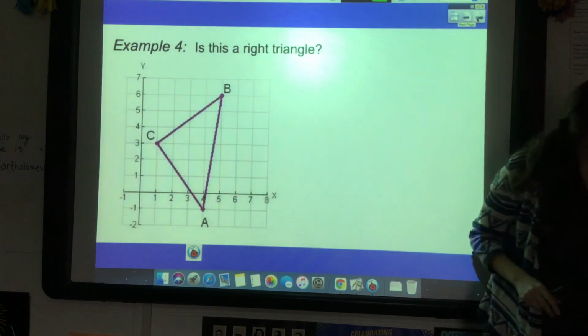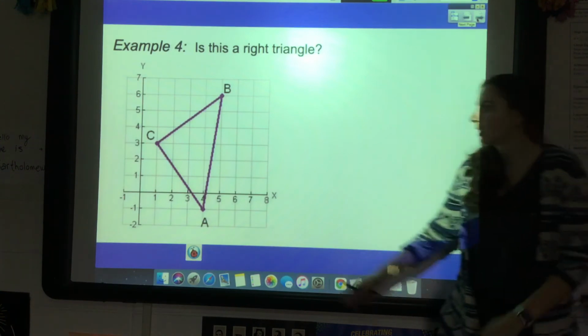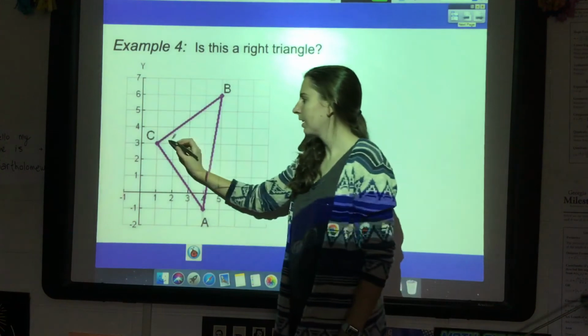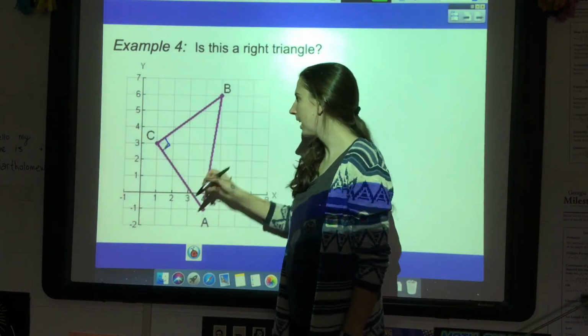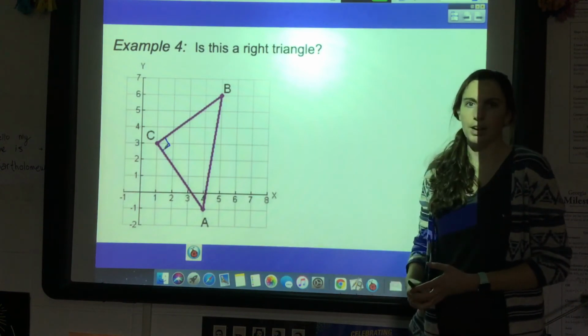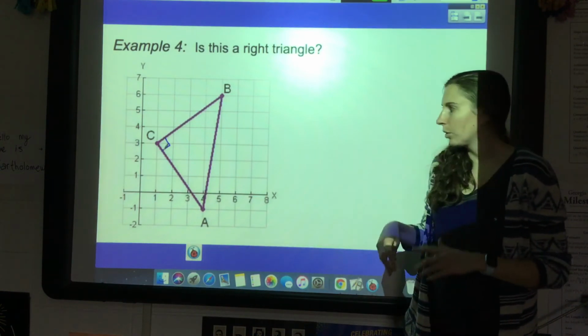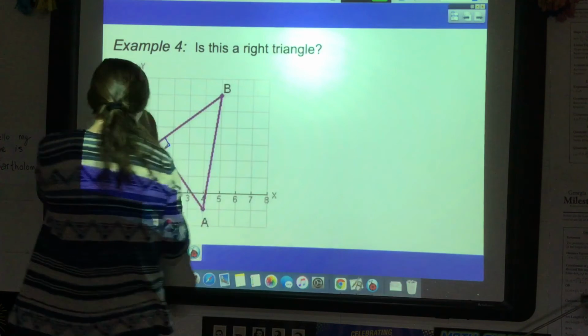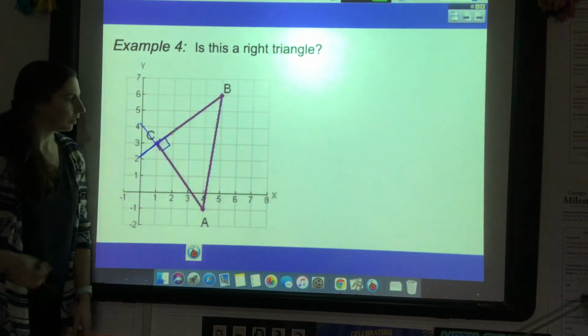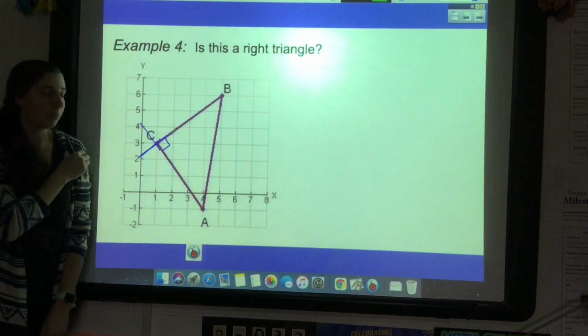Also, I wanted to mention a problem like this. Is this a right triangle? It looks like it might be. Probably this angle right here would be the right angle because those look pretty acute. But how do I tell if it's a right angle? Well, it's exactly like what we've been talking about. If you want to prove something is perpendicular to each other, meaning it forms a right angle, their slopes have to be opposite reciprocals.